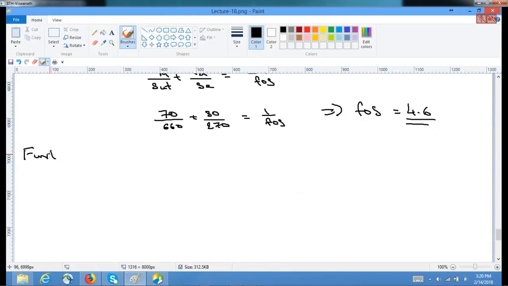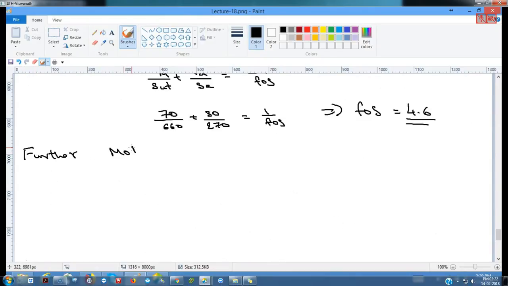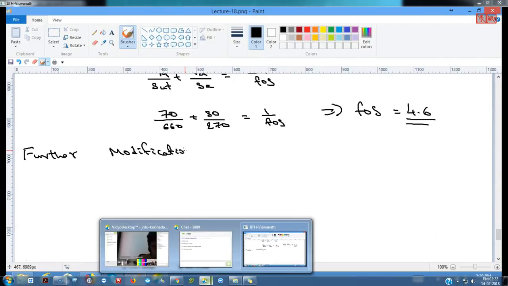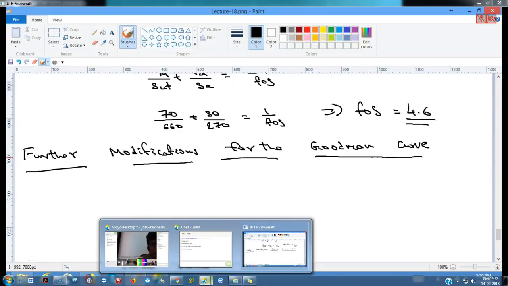For the Goodman curve or Goodman line, what happens is that at higher values of the mean stress, generally the failure is due to yielding rather than fatigue failure. In order to correct this, a couple of modifications have been proposed for the modified Goodman curve.